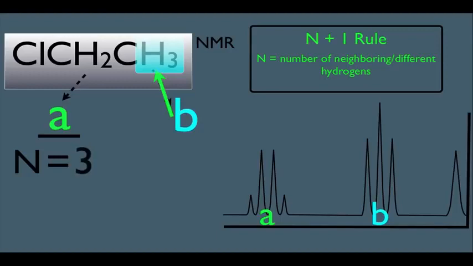So if that's its N value, plugging into the simple N+1 formula, 3 plus 1 equals 4. Notice this value that we're getting, 4, matches up to the number of splits for the A signal. It is split into 4 signals. That right there is using the N+1 rule to predict how a signal would be split.